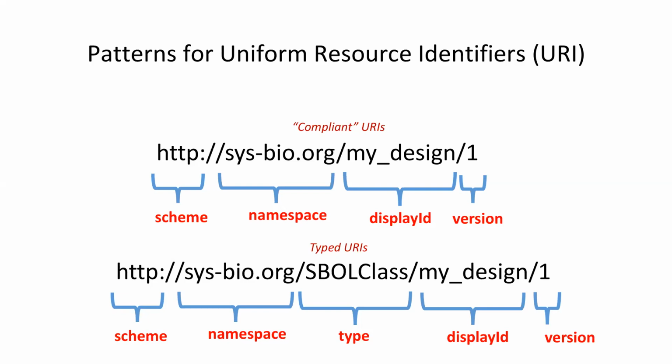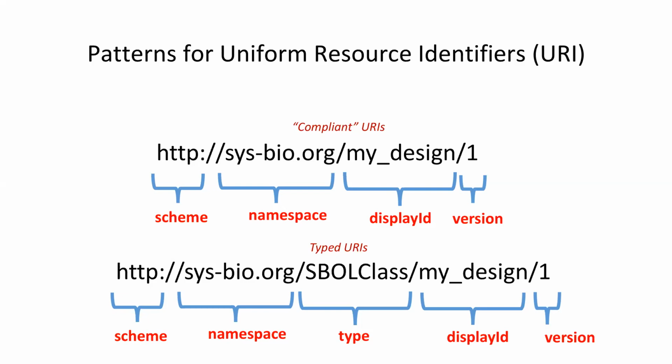Okay. So the difference between typed URIs and compliant URIs. These typed URIs are the bane of Chris's existence because SynBioHub does not like these typed URIs. Sometimes you end up with these really long URIs. SynBioHub does some, a detail beyond this meeting.